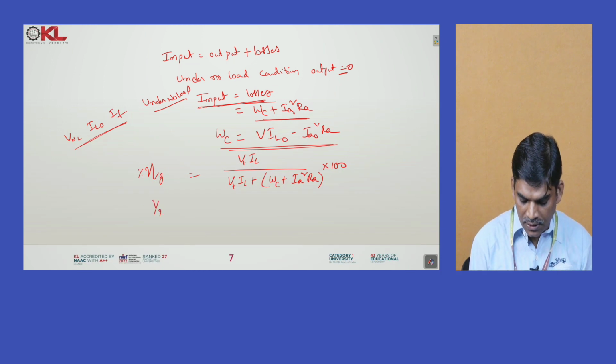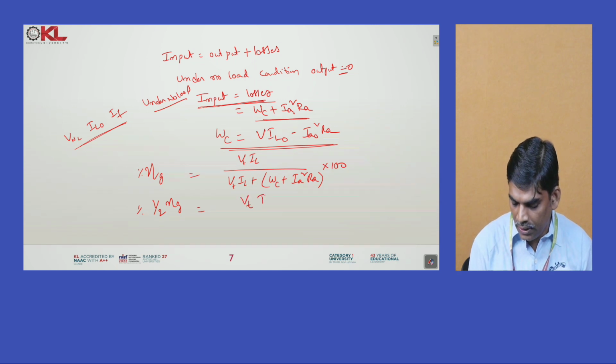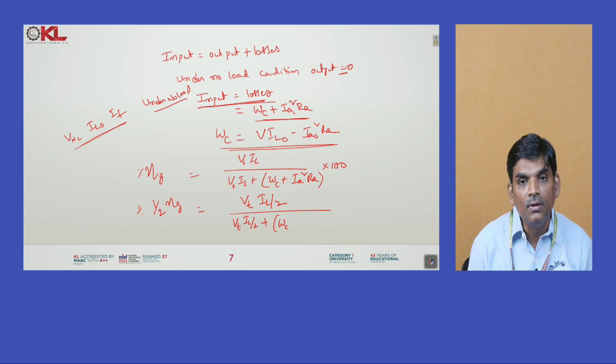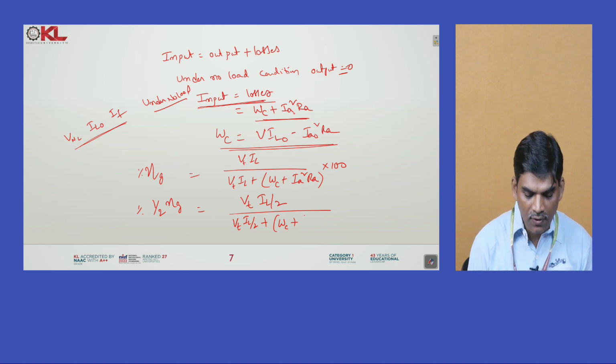For offload efficiency, the terminal voltage is constant, but only the current is varied by 2. You can consider VT into IL by 2, plus the constant loss, which is independent of the load, so it is not varied. But what is the IA formula?